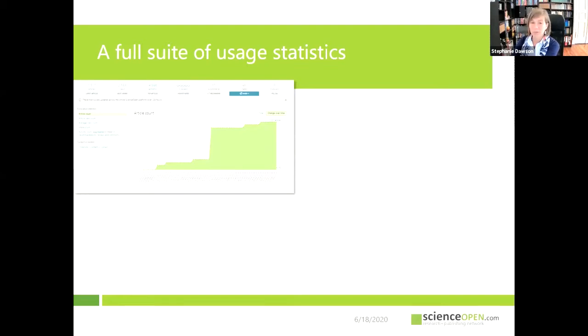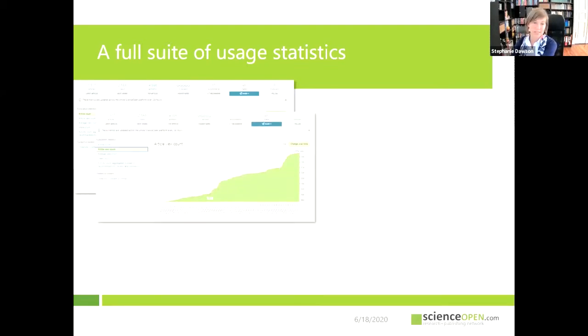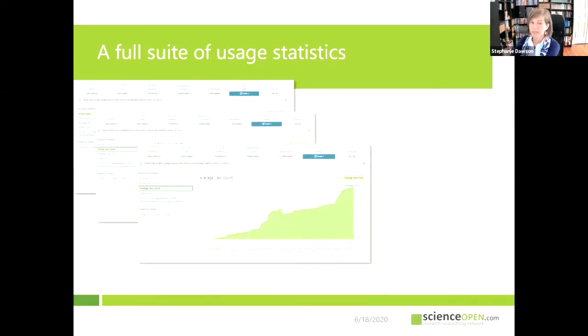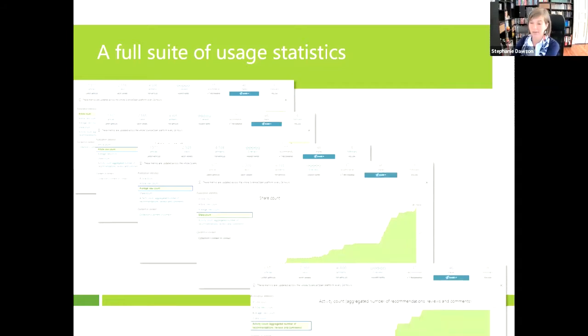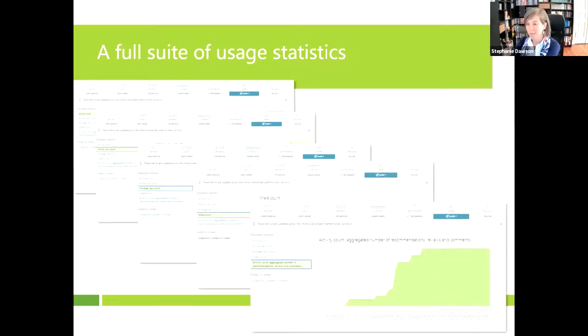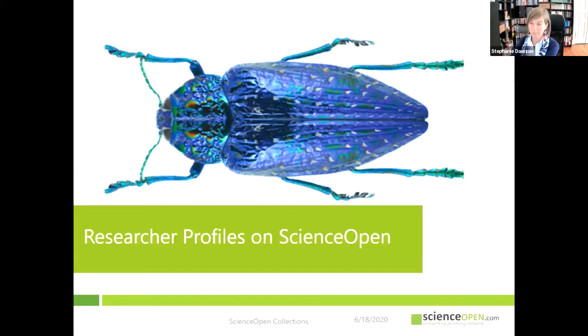On the collection page, we show a full suite of usage statistics. So you can always see how often you've added content or any collection that you're looking at, how often it's been viewed, etc. So we try and make that as transparent as possible.